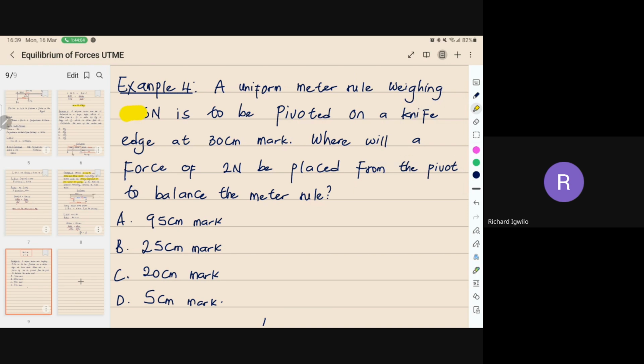And remember that the weight will be acting at the center of gravity, right? And then it's to be pivoted on a knife edge at the 30 centimeter mark. So this is the 30 centimeter mark. Remember that since it's a uniform meter rule, the length is 100. Where will a force of 2 Newton be placed?